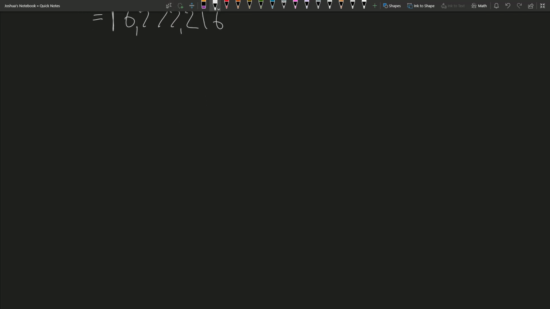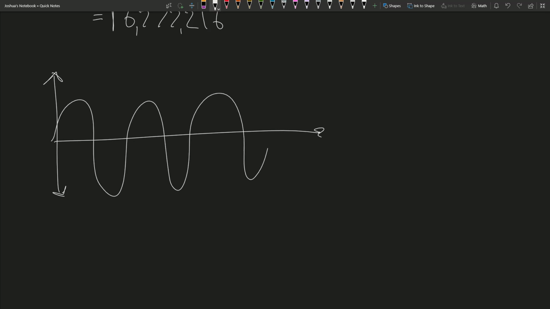And our second thing is sampling frequency. So our sampling frequency asks how many samples can we take in a second on a signal. So let's say we have an analog signal like this. This is a continuous signal.